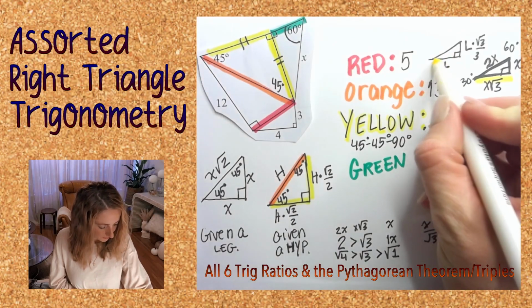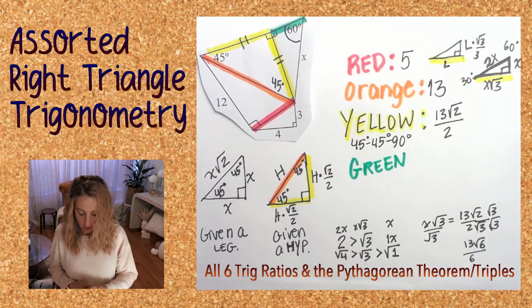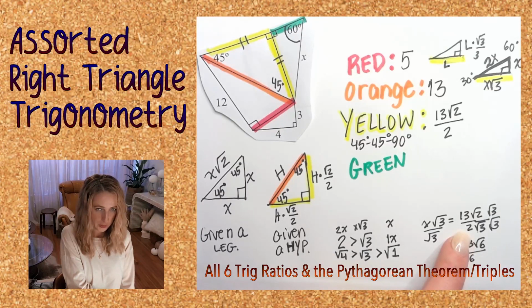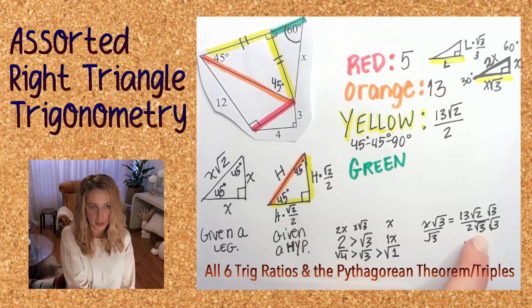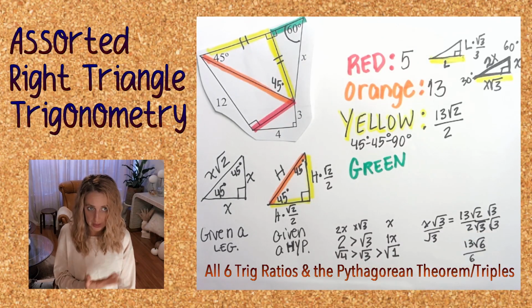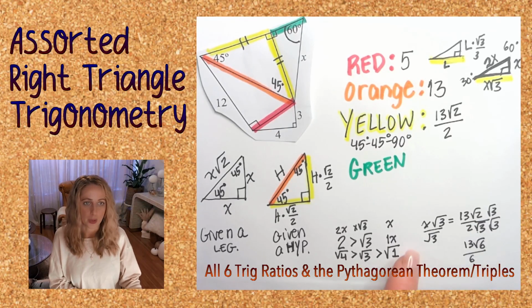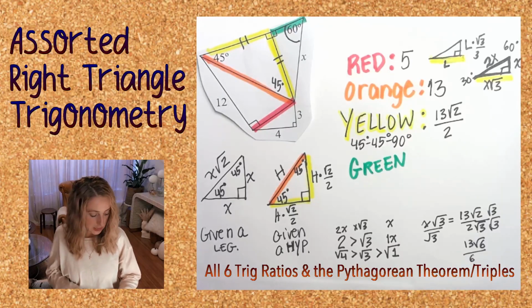So again, if I just took 13 root 2 over 2 and multiplied it by root 3 over 3, because that part right there is 3, hopefully we see root 3 times root 3 would give us 3, yada, yada. We could jump right to 13 root 6 over 6.